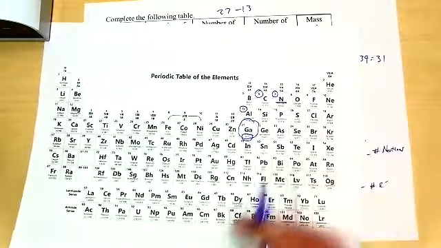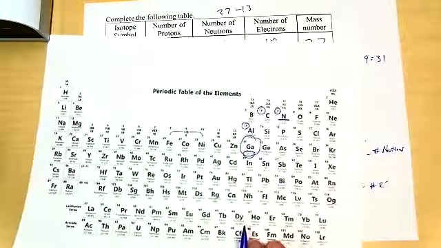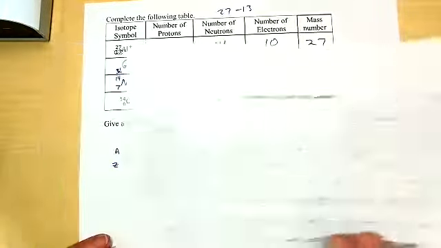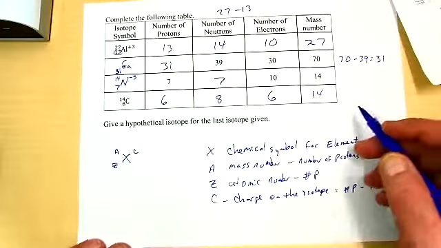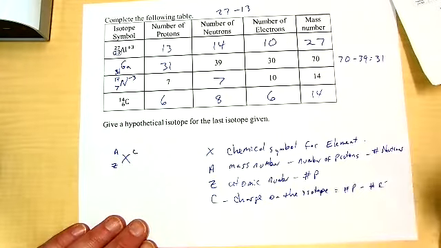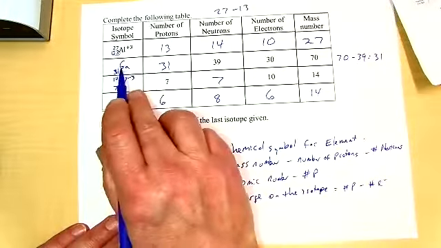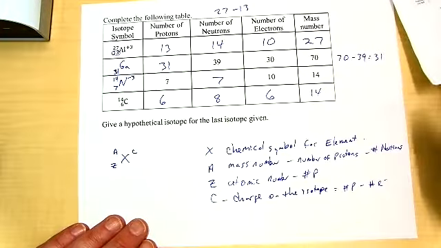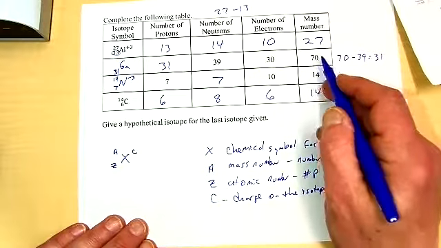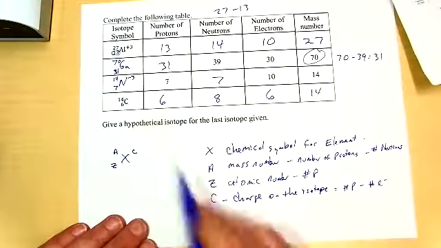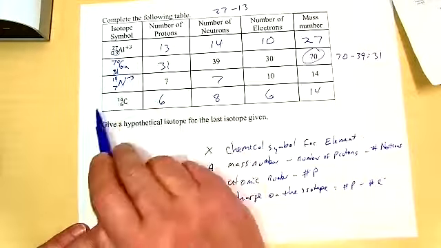That's the atomic mass, not the mass number. So to get the mass number, we're just going to write the number that we have right here. So now we have gallium, 70 and 31.